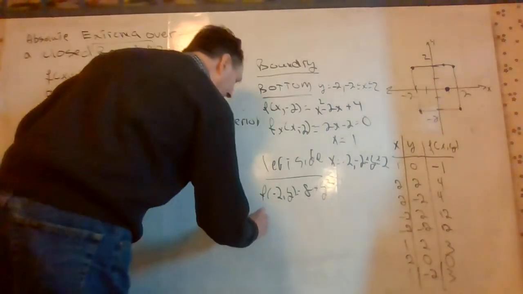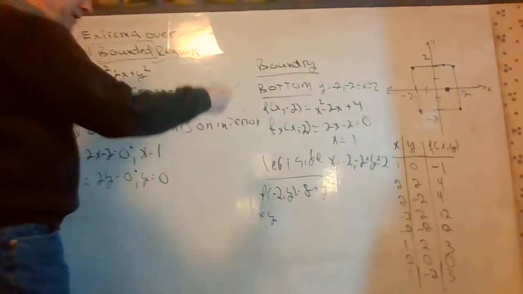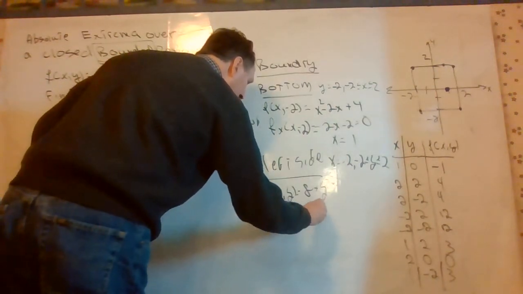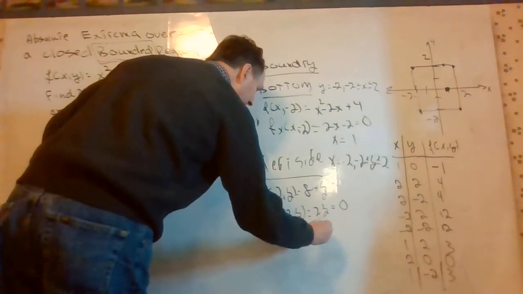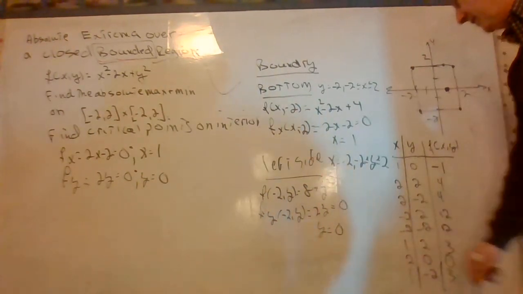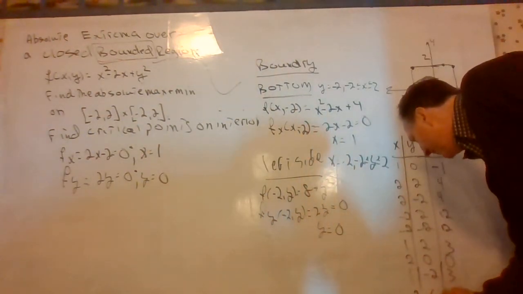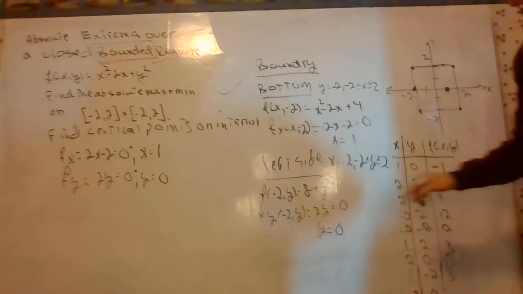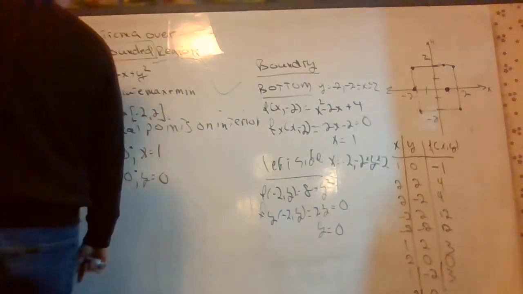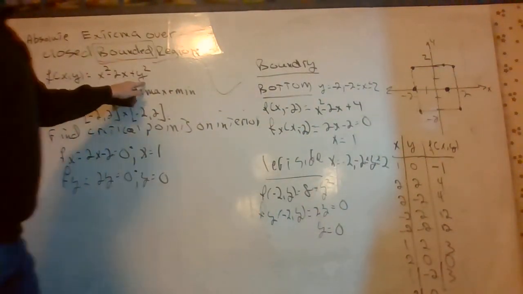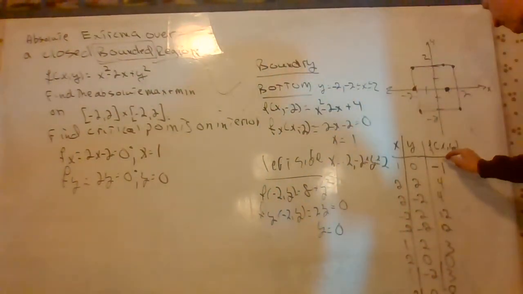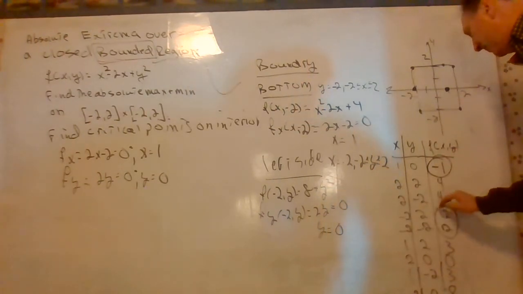And f sub y, looking for critical points on the interior of that line, is 2y. Set it equal to 0. y equals 0. And so we have a point, I'm kind of writing low here, (-2, 0). That's right here. So (-2, 0) ends up giving us 4, and 4 is 8, and 0 gives us 8. Well, and guess what? There's the absolute minimum, there's the absolute maximum.